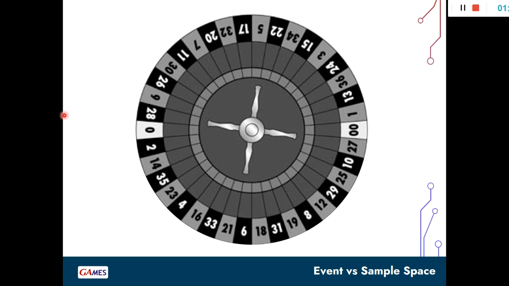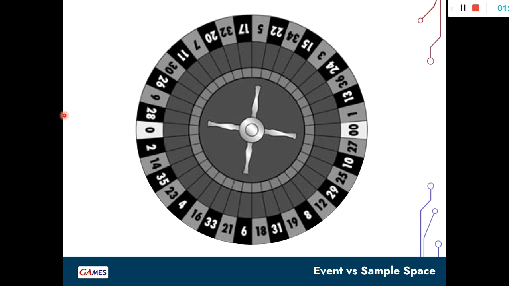Okay, so let's come back to our roulette wheel, and let's now try to do some other things. What if we want to now talk about the probability of not getting an 8?